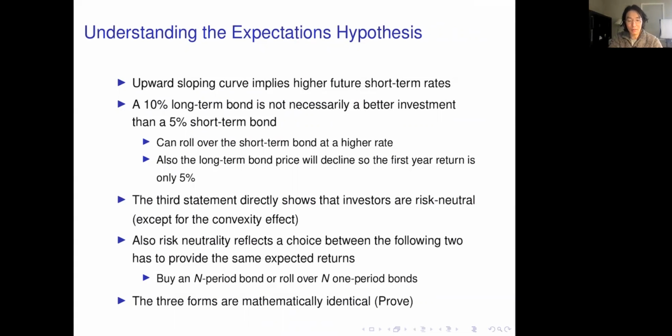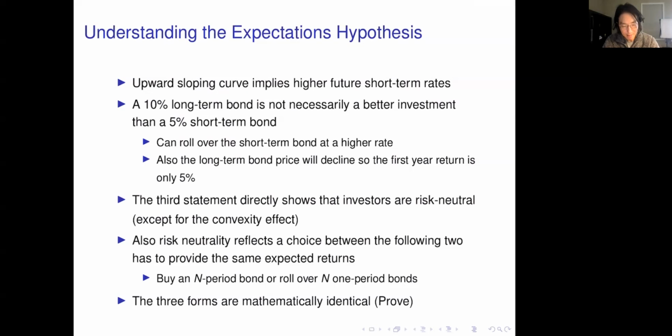A 10-year long-term bond is not necessarily a better investment than a 5-year short-term bond. What it's saying is basically that whether you hold a 10-year long-term bond or a 5-year bond, according to the expectations hypothesis, the expected returns are the same. So the 10-year bond is not necessarily a better investment.